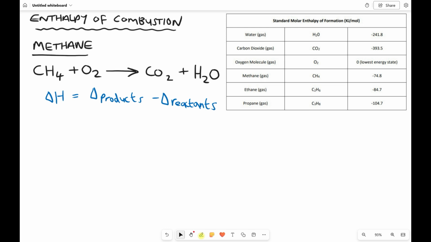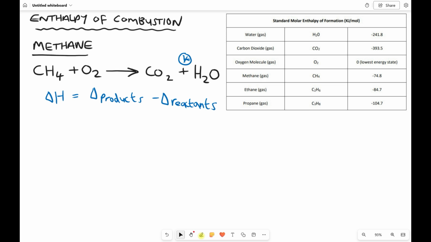Now, to explain this in simple terms, the products are what we get out, so on the right hand side of our equation are our products, and the reactants are what we put in, so the left hand side of our equation. In this instance, our reactants are the methane molecule and the oxygen molecule, and our products are the carbon dioxide and water molecules.